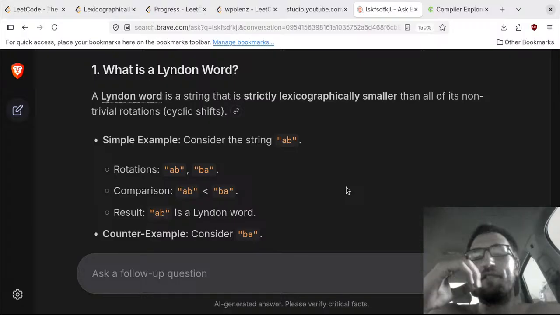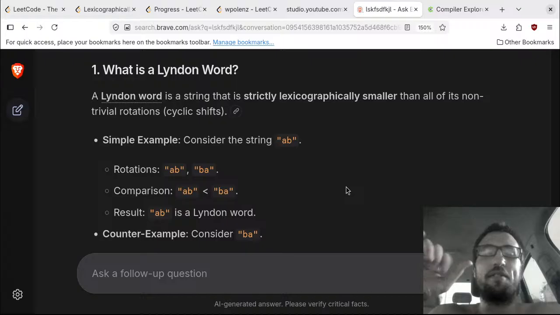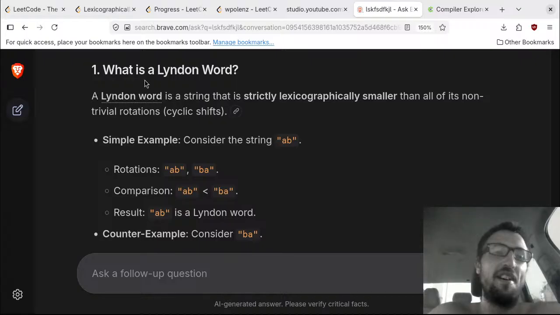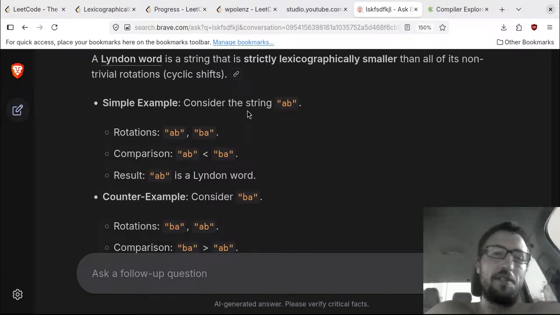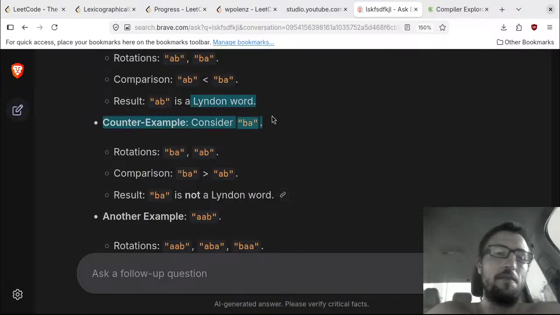There's a kind of recursive nature to it, where a Lyndon factorization breaks the string into Lyndon words. Anyway, AB, rotations AB, BA, comparison AB is less than BA, so AB is a Lyndon word.